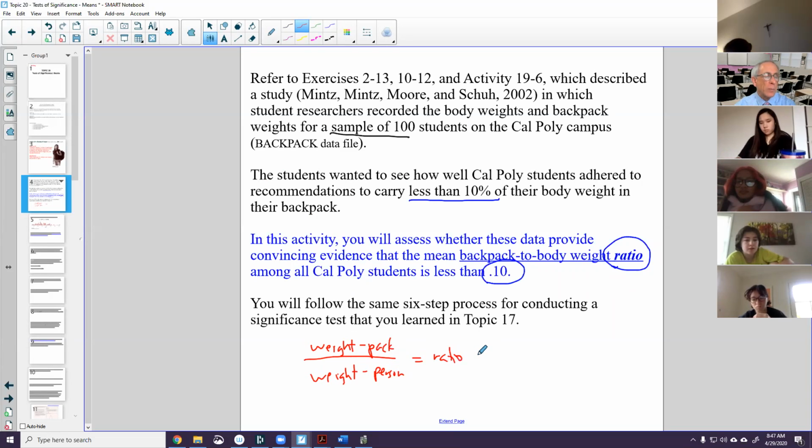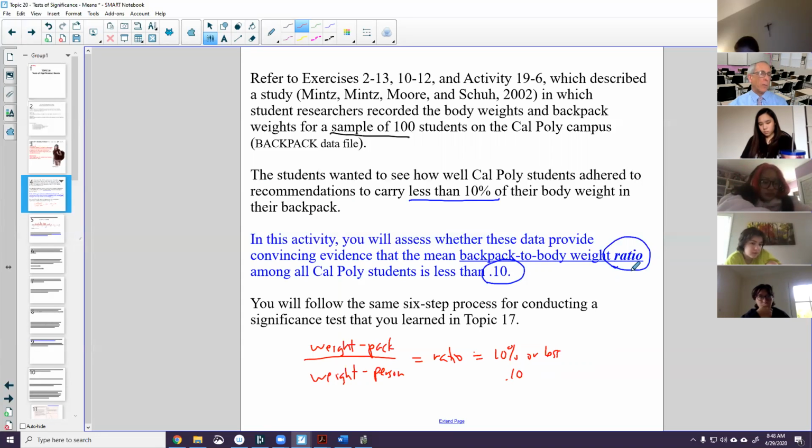And we want that ratio to be 10%. Well, we want it to be 10% or less. So that would be 0.10. Are we following the problem here? We understand how it's being stated, yes?